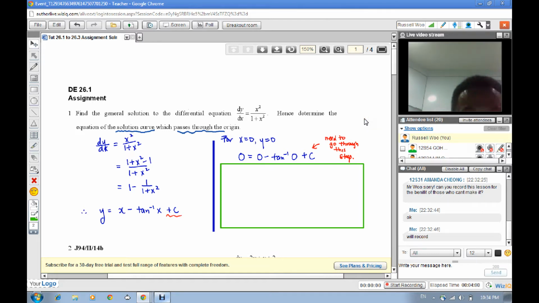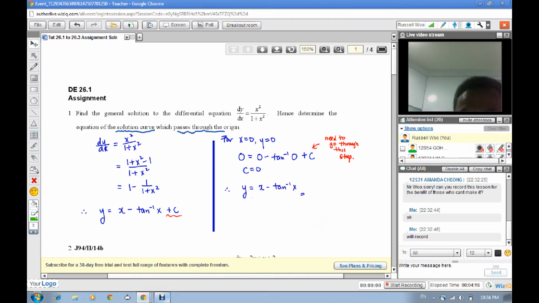Of course, it so happens that c is 0, and therefore the equation of the solution curve is given by this.